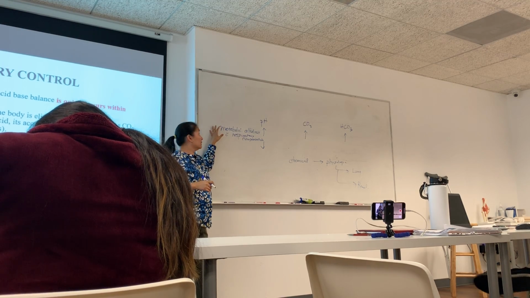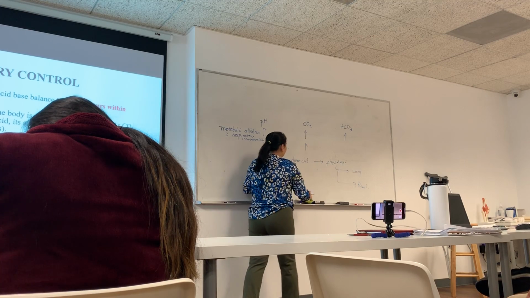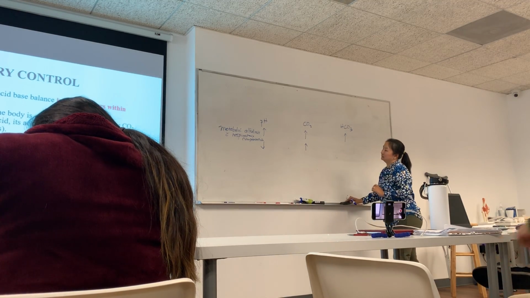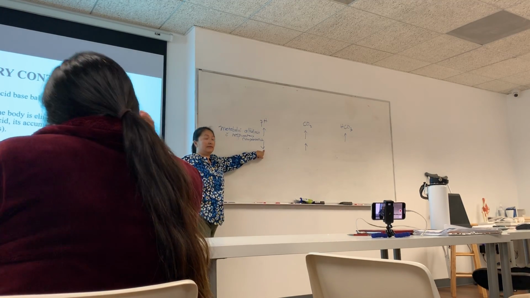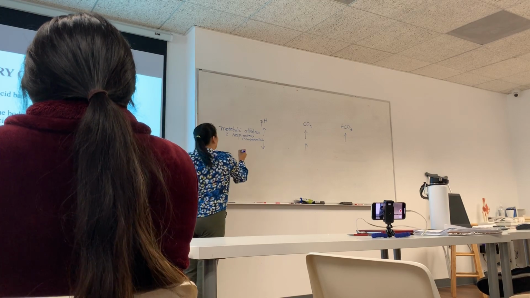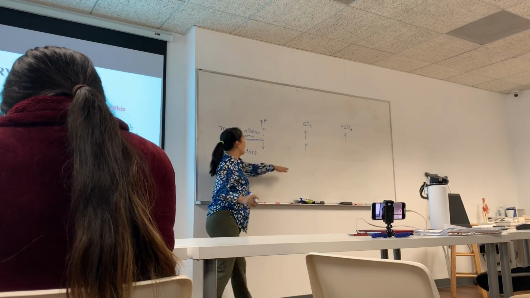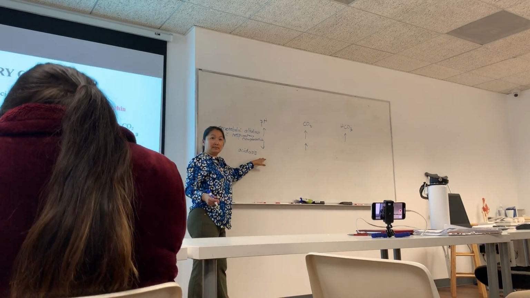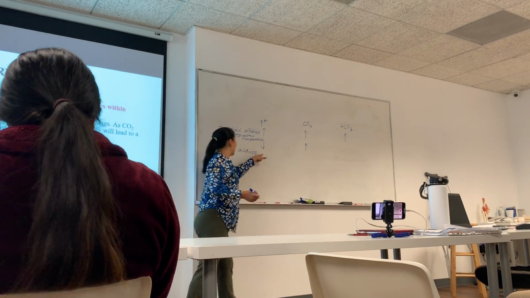So the respiratory system is trying to compensate for the alkalosis. Got it. What if we have this? This is low pH, so we're looking at acidosis. Is this respiratory? If you have high CO2, it's due to the respiratory system, and that's causing the acid.